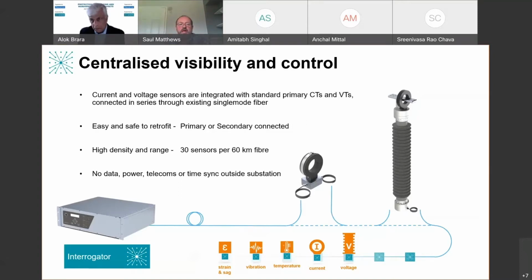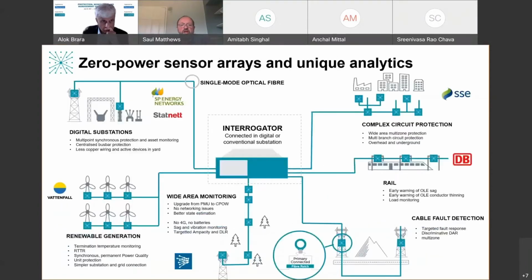And think of that interrogator as like a super merging unit. You have one point where you can bring all this data together and then publish useful information about what's happening on the network.